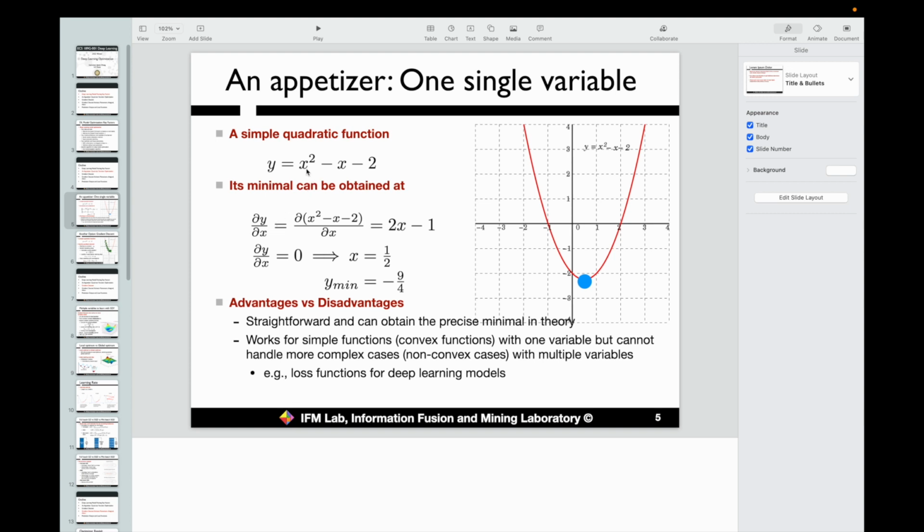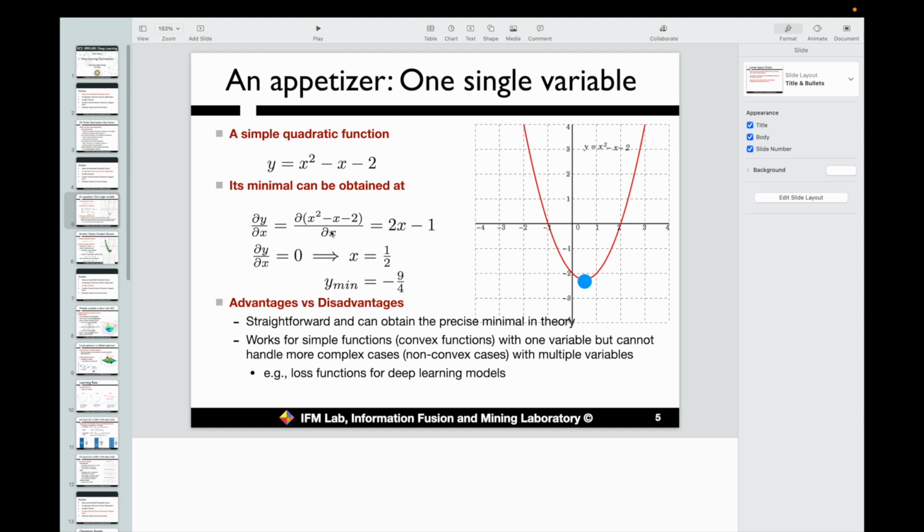Because this function is so simple, the partial derivative of x squared to x equals 2x. For negative x, its partial derivative to x equals negative 1. And the partial derivative of the constant to x equals 0.